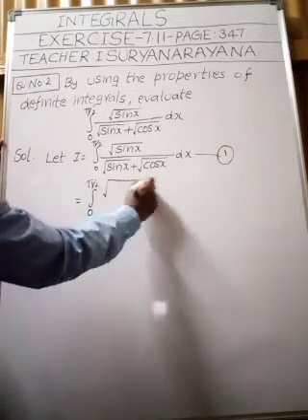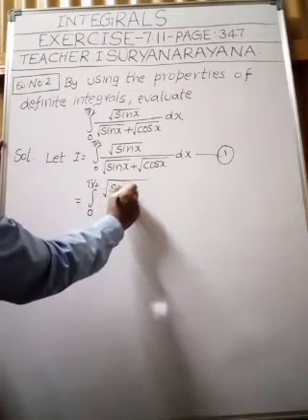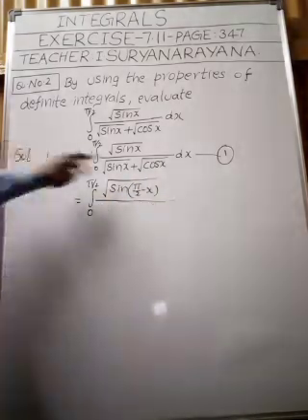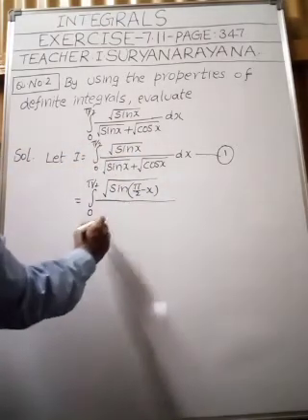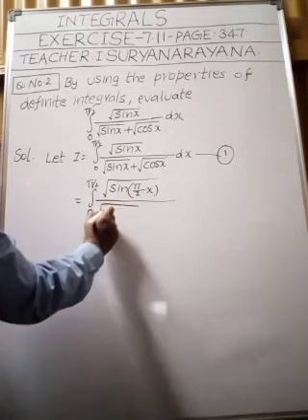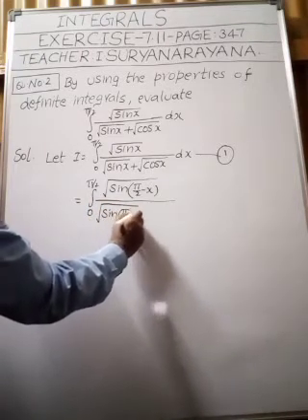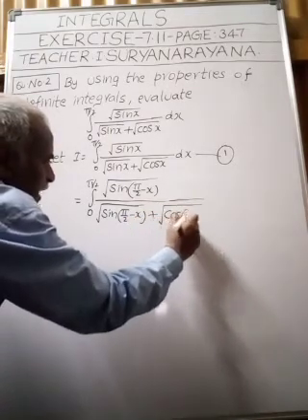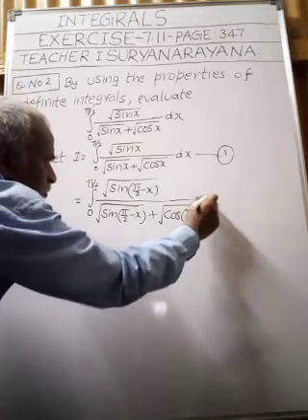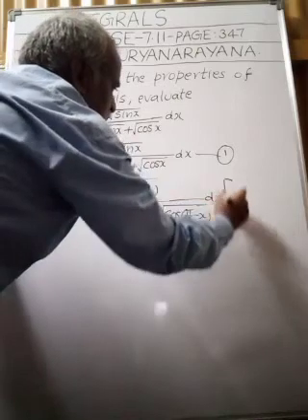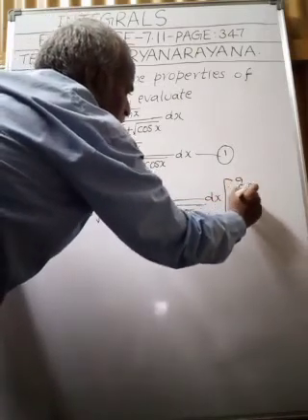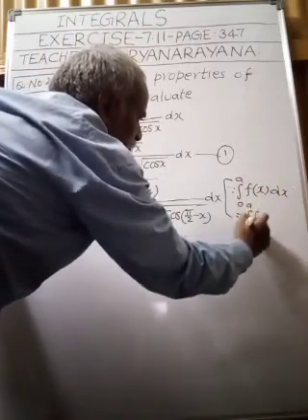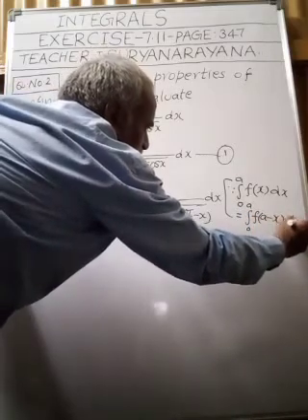I is equal to the integral from 0 to pi by 2 of square root of sin of pi by 2 minus x, divided by square root of sin of pi by 2 minus x plus root of cos of pi by 2 minus x, dx, because the integral from 0 to a of f of x dx is equal to the integral from 0 to a of f of a minus x dx.